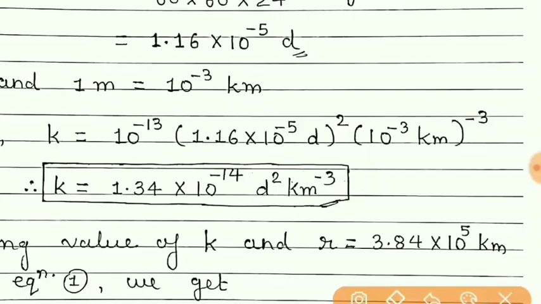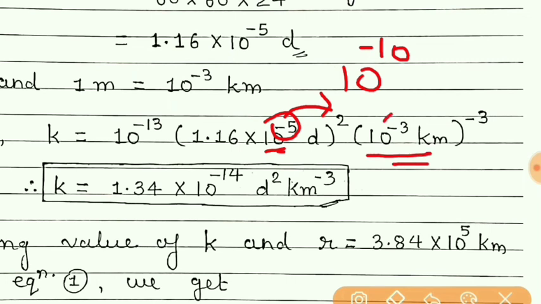Now students, here minus 5 into 2 will be minus 10. So here power of 10 will be minus 10. And here minus 3 into minus 3: minus into minus is plus, and 3 3s are 9.